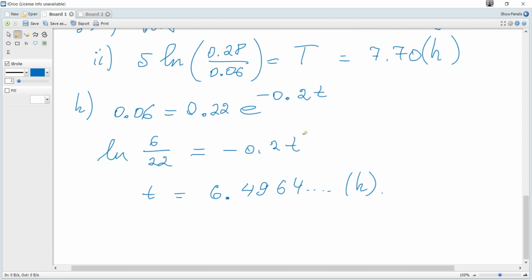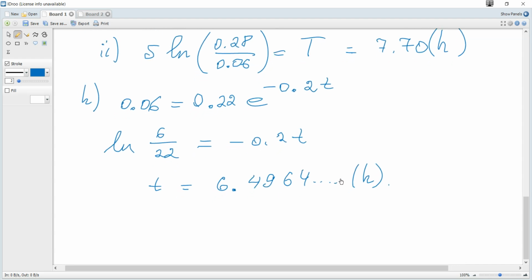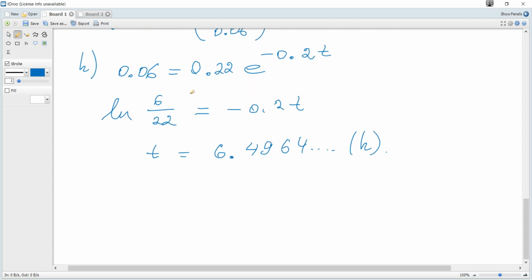And definitely it's a decreasing function, so concentration decreases from D down to the minimum value, which is 0.06, for this time interval.